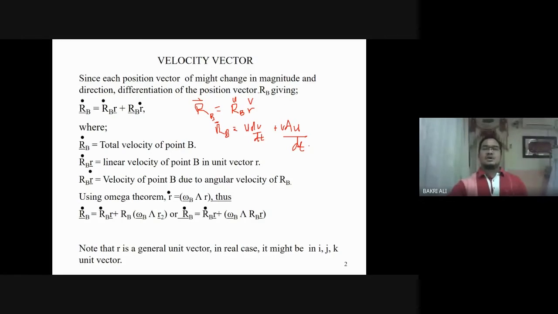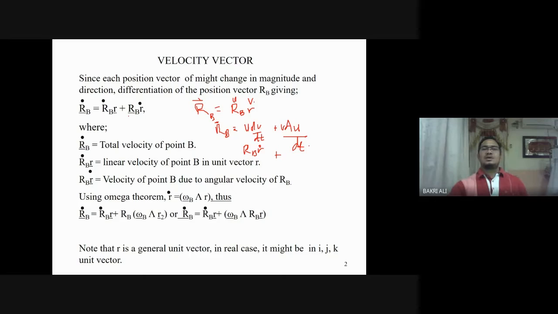That will give us u, which is RB, and dv over dt is r dot. So the first term is RB r dot: RB the magnitude, and r dot meaning the change of the unit vector with respect to time, plus v.